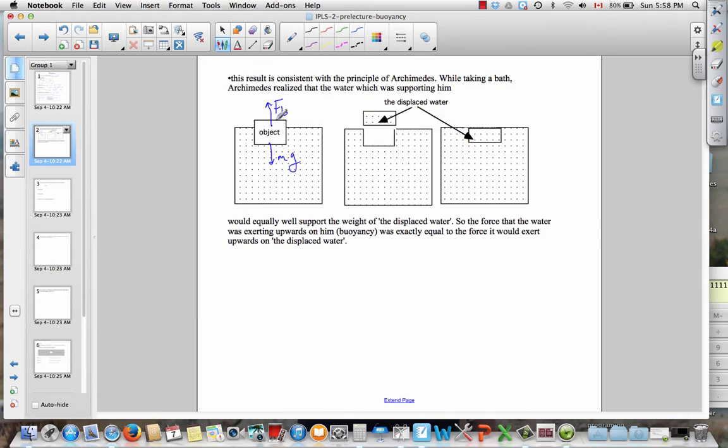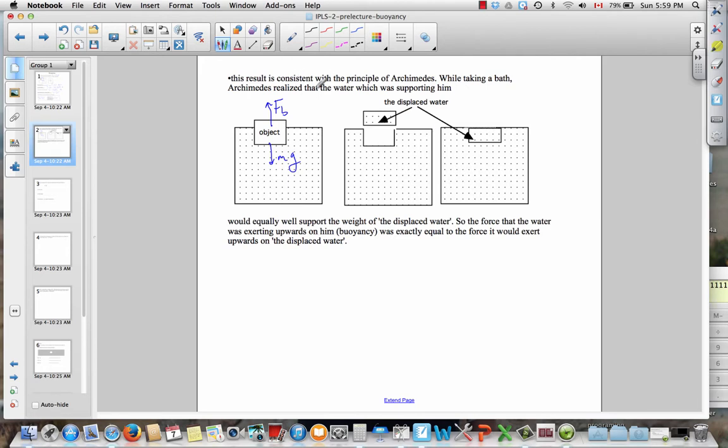So he imagined freezing the water surface underneath him, and then him getting out of the tub, which would leave an Archimedes-shaped depression in the tub. And then he imagined filling that depression up with water again, so the water surface was again flat and level. Well, because this is clearly an equilibrium situation, and we know that this was an equilibrium situation because he was floating, it must be that the surrounding water here was exerting just as much force as it was in this case, but in this case the surrounding water is supporting the displaced water.